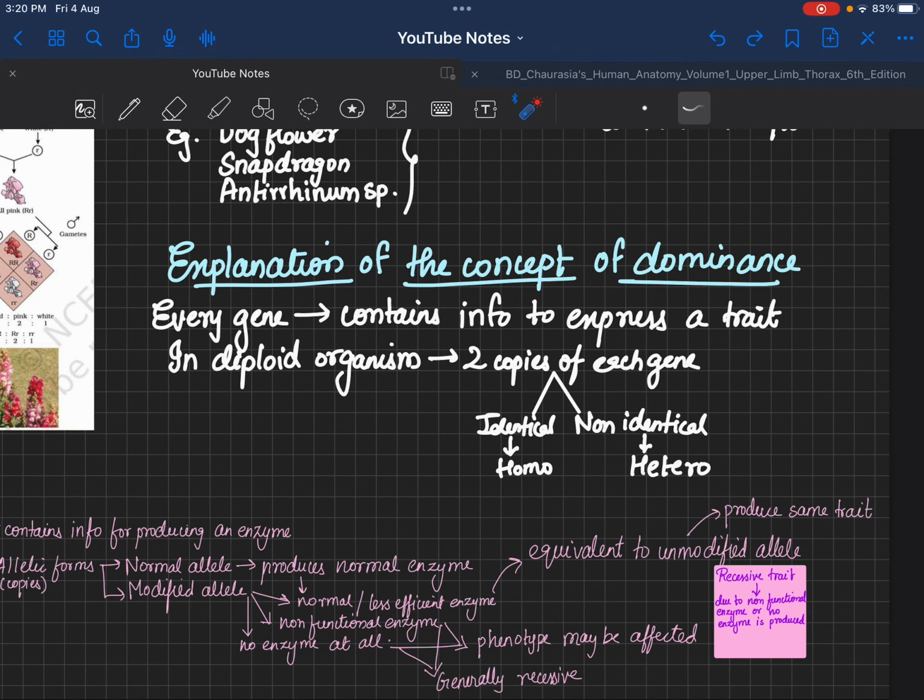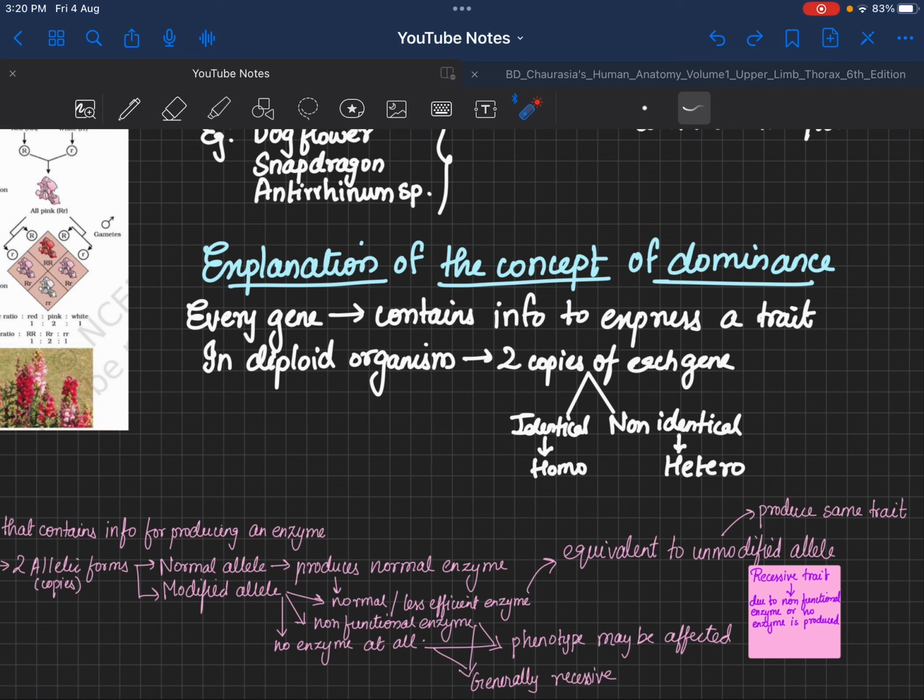So when it is normal or less efficient, let's take it as normal only, which will be equivalent to the unmodified allele, which means it can produce the same trait. So if we say it can be TT itself, the normal allele will be T and this also will be T when it produces the same trait. So it will be homozygous TT. Now if this produces normal, it will be capital T, and modified non-functional enzyme or no enzyme at all will be small t. So capital T, small t: small t will become recessive and capital T will become dominant.